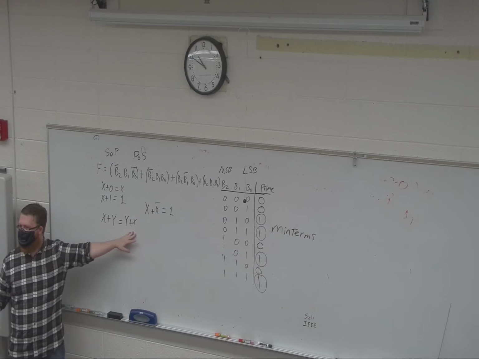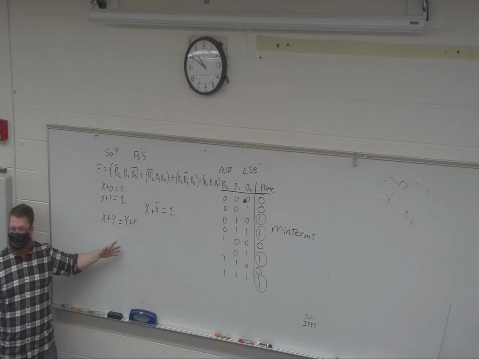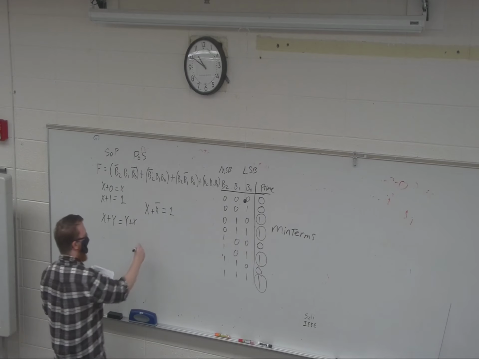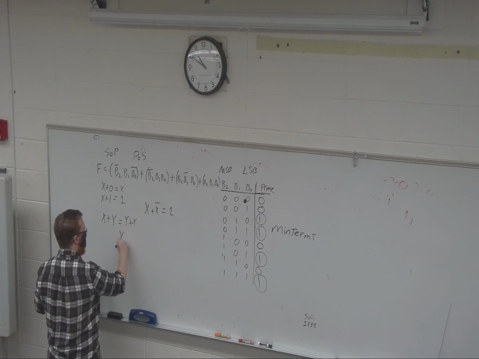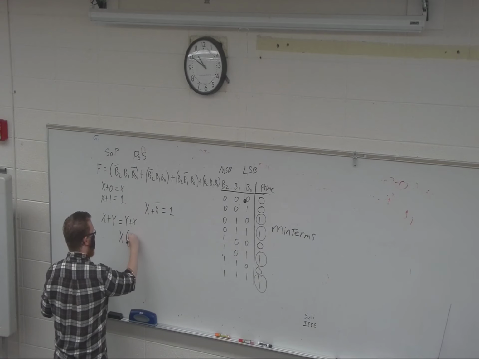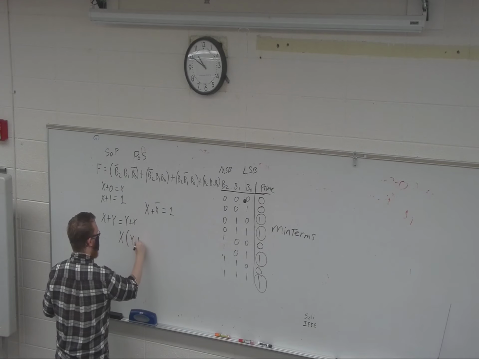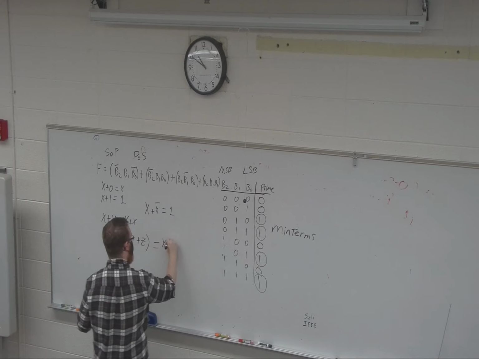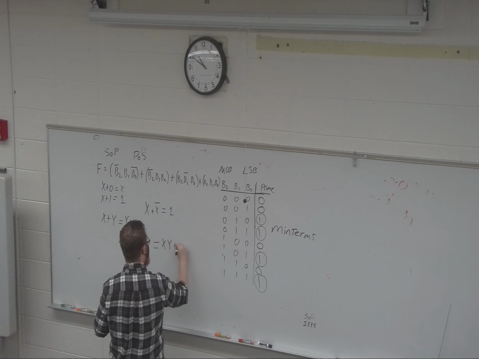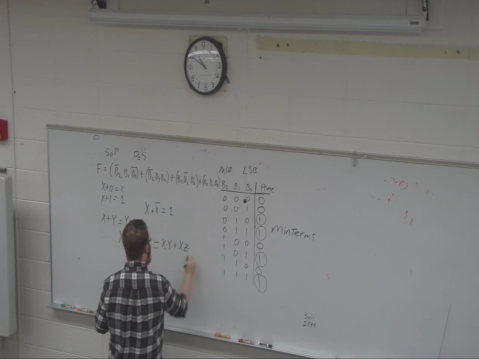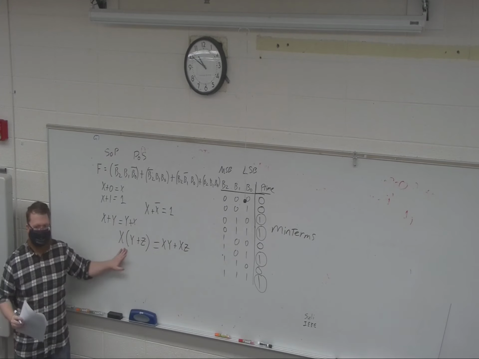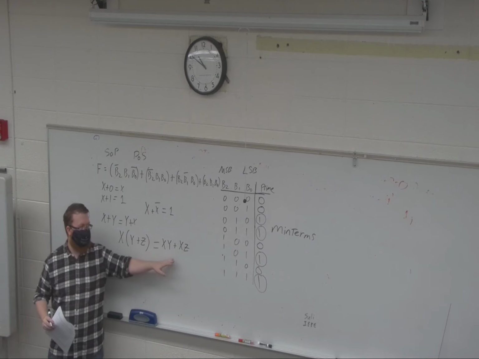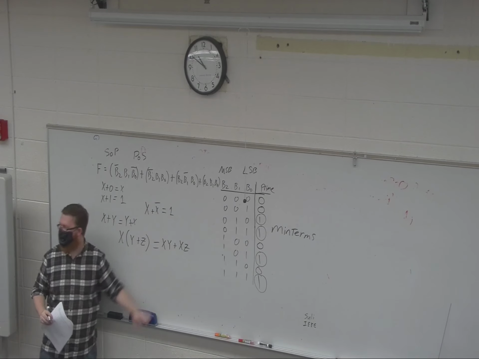Just like normal addition, it doesn't matter the order. Same with multiplication. And just like with multiplication, if I have x and y or z, it is the same as x and y or x and z.